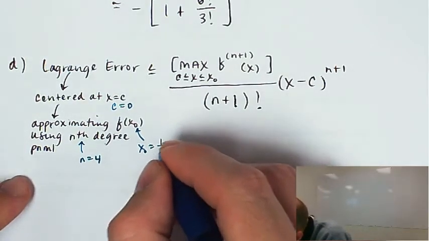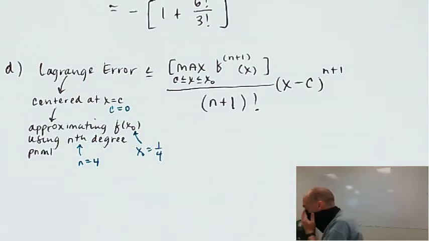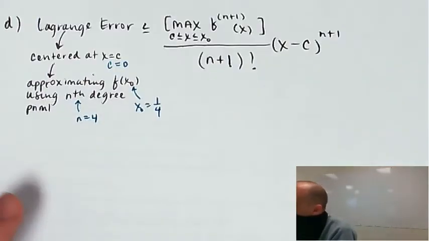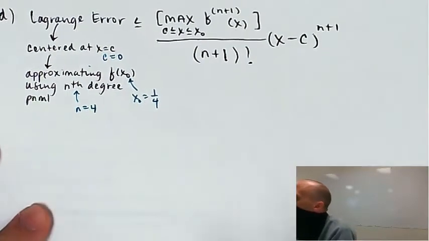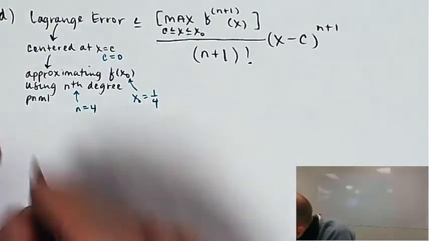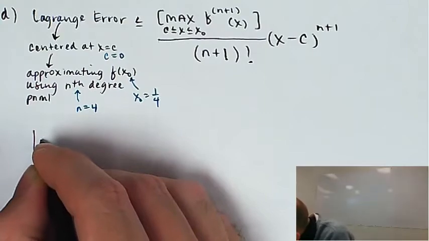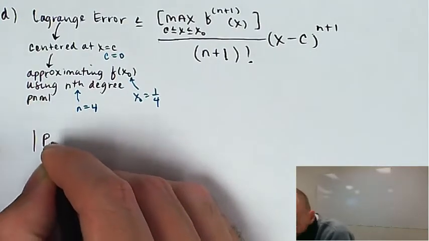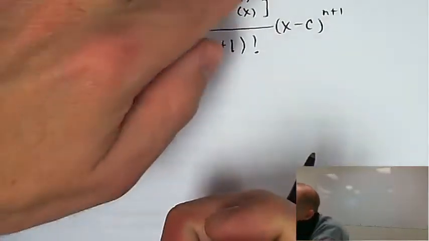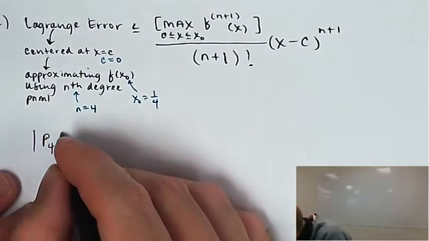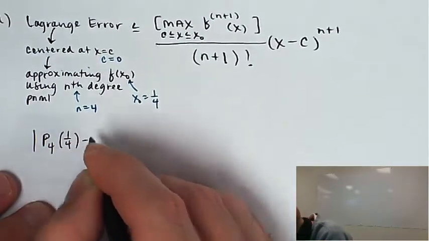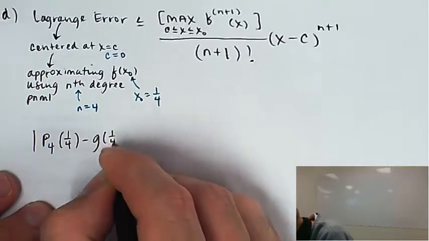Yeah. All right. I've got just barely enough room. I'm going to say the maximum possible difference in P4 of 1/4 minus f of 1/4.